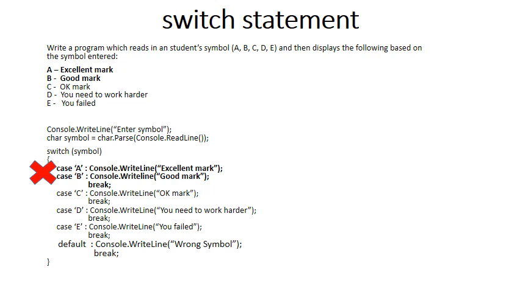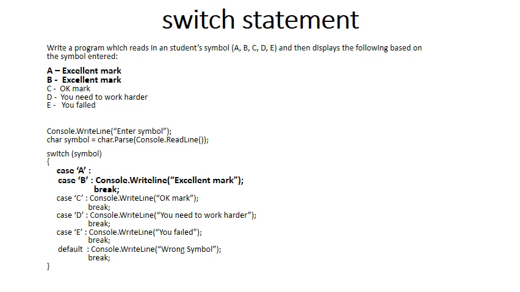Just to repeat, you can't do that for the user to enter an A, and for the program to display excellent mark as well as good mark. The only time where the program would kind of go from one case to the other is when the first case is totally empty.